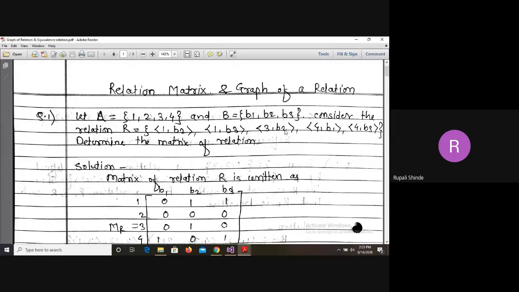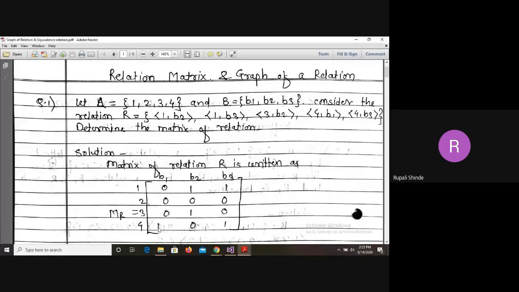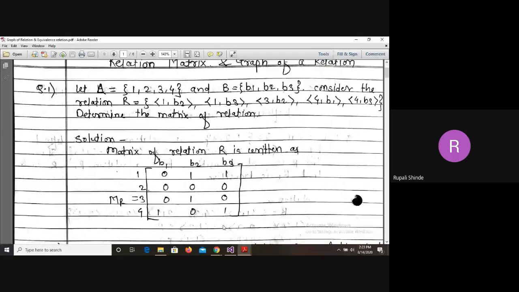Next one, (3, B2): 3 is the row, B2 is the column, we mark 1. (4, B1): 4 is the row and B1 is the column, so again we mark 1. (4, B3): 4 row and B3 column, again we mark 1. For the rest of the places, we mark 0 to represent those ordered pairs are not part of the given relation. So this is the matrix for the relation.